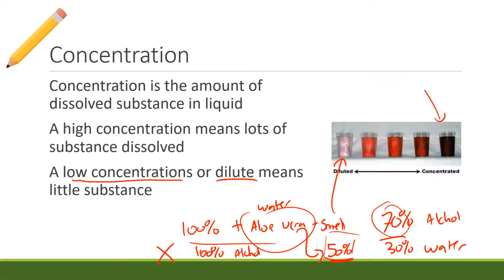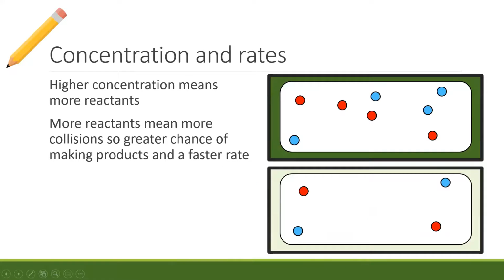So concentration, in my opinion, is the easiest one to explain how the rate of reaction works. High concentration means more reactants. More reactants means more collisions, so a greater chance of making product and a faster rate.